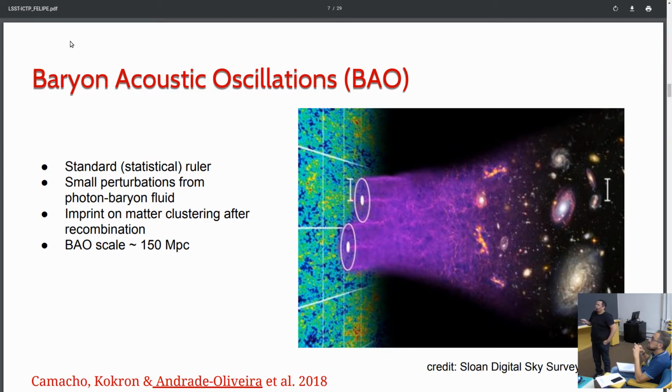It came from small perturbations in the photon-baryon fluid in the beginning of the universe. After the recombination, these perturbations made an imprint in the matter clustering. It also has a very characteristic scale of 150 megaparsecs.